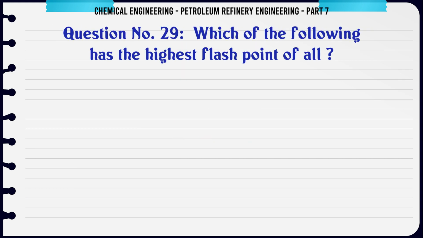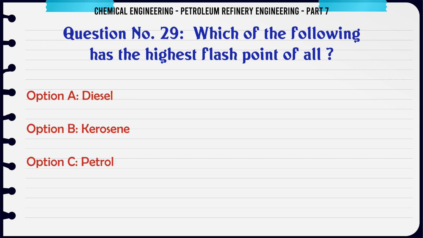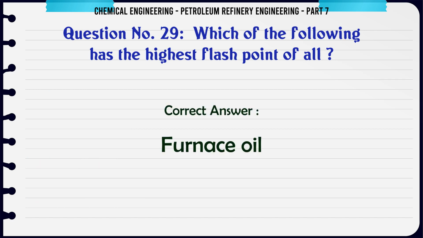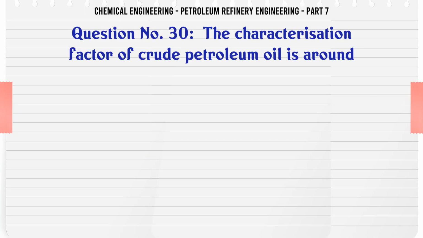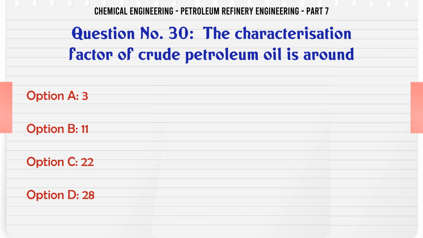Which of the following has the highest flash point of all? A. Diesel, B. Kerosene, C. Petrol, D. Furnace oil. The correct answer is furnace oil. The characterization factor of crude petroleum oil is around: A. 3, B. 11, C. 22, D. 28.